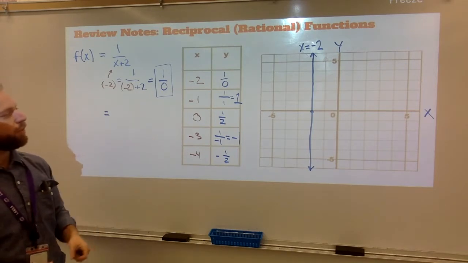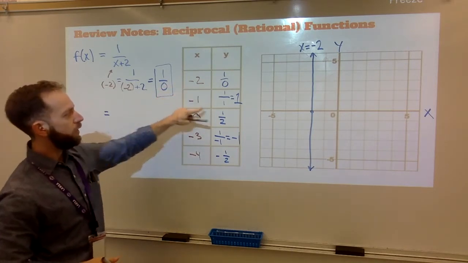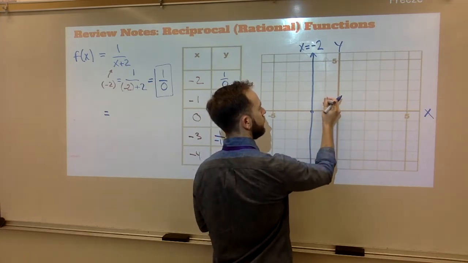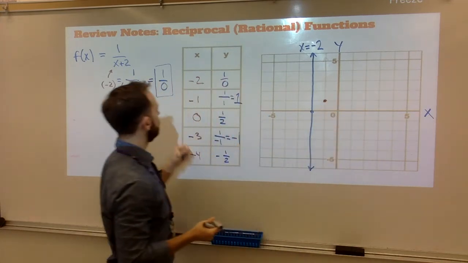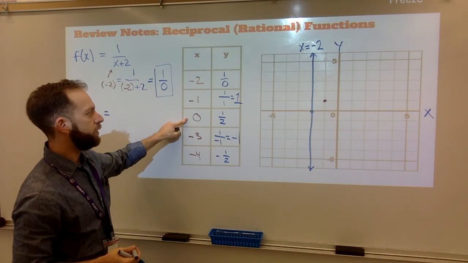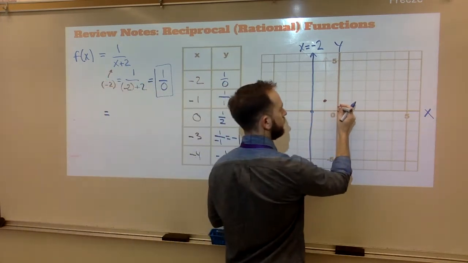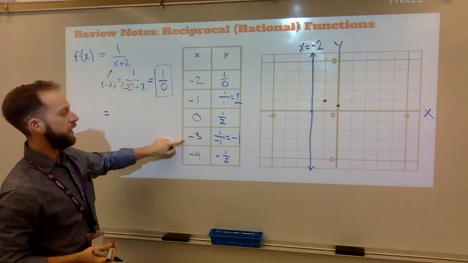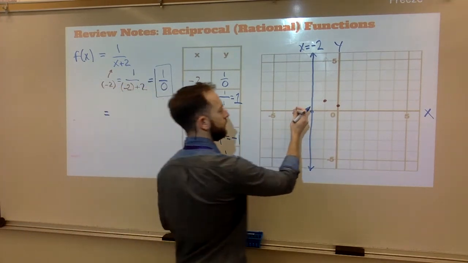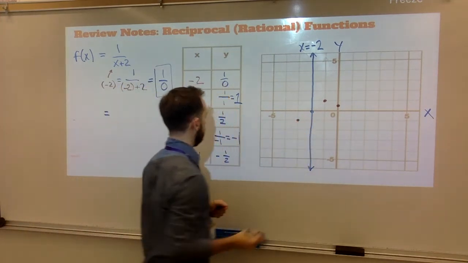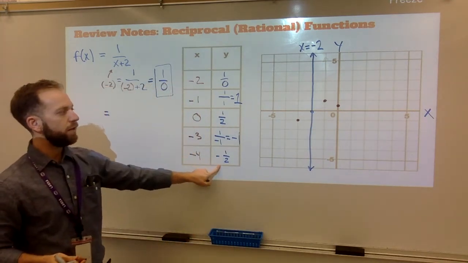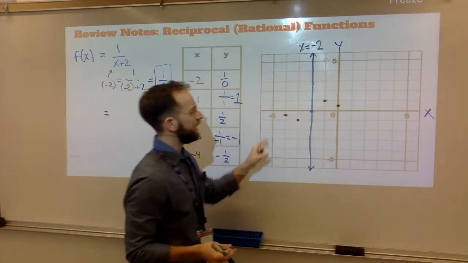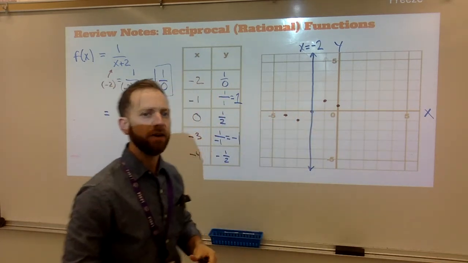So if we plot these points, negative 1, comma 1, 0, 1/2, negative 3, negative 1, and negative 4, negative 1/2, we can see that it's a strange pattern.